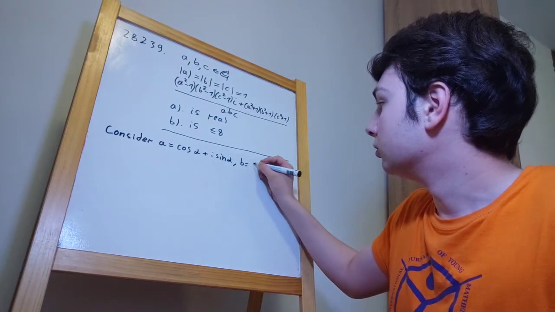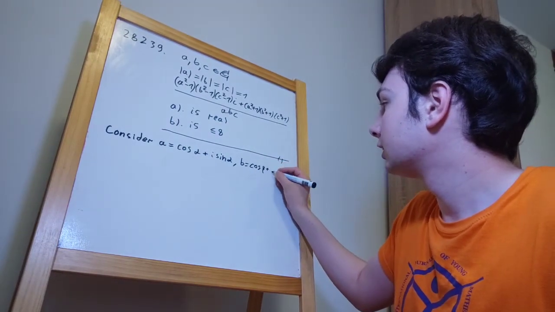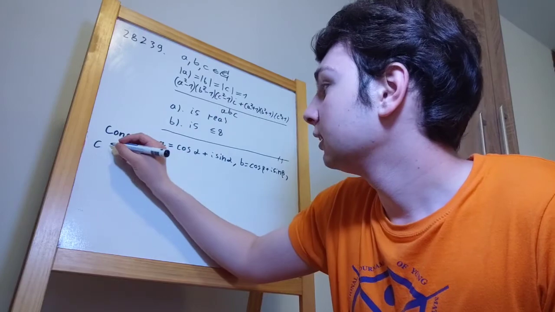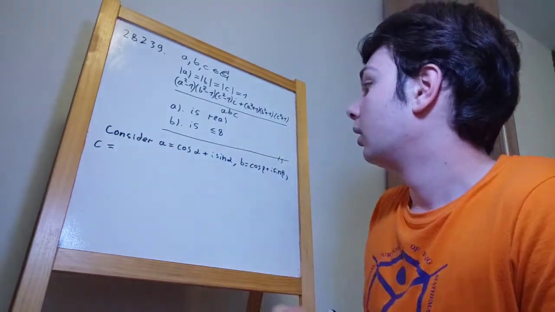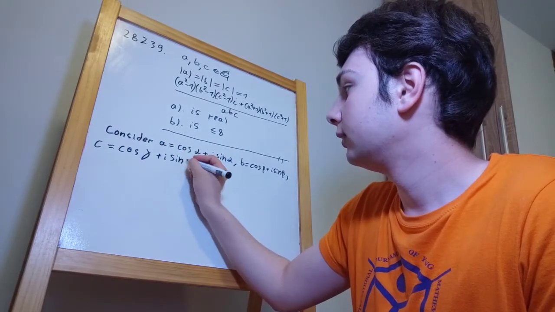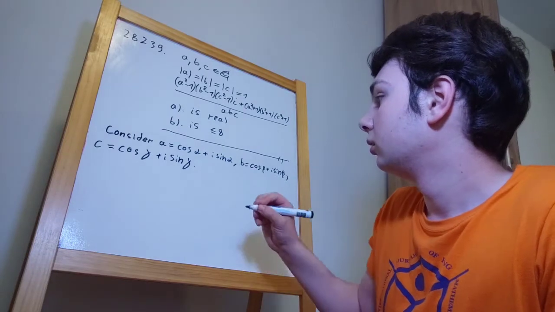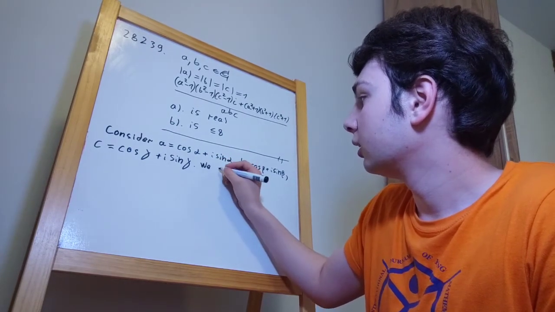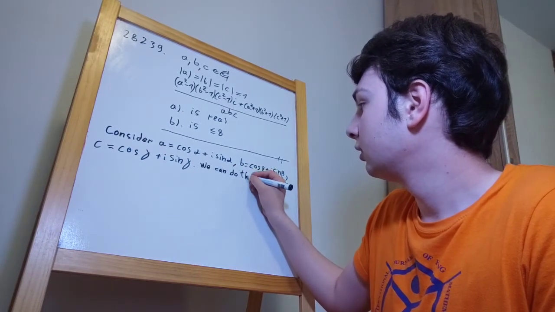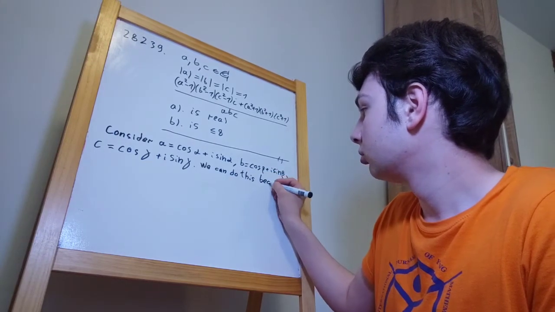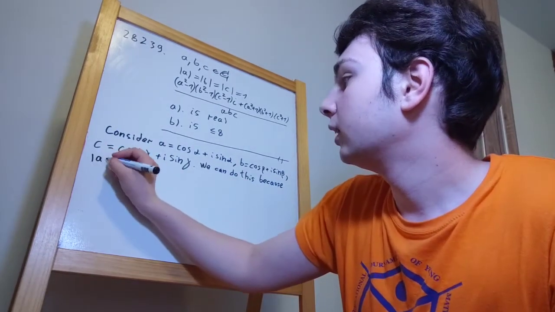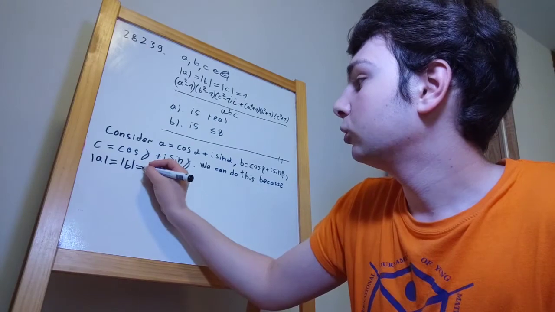B is equal to cosine of beta plus I sine of beta, and C is equal to cosine of gamma plus I sine of gamma. We can do this because each of the numbers' radius is equal to 1.